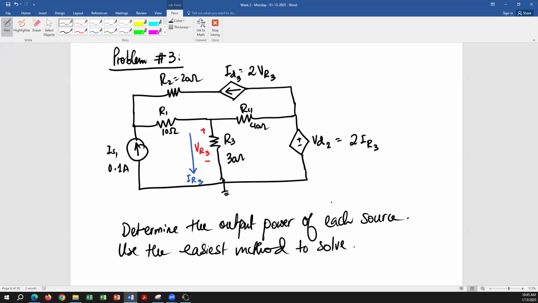Now you say the easiest is mesh. Elaborate why you think the easiest method is mesh. Okay, and why do we know those two currents?